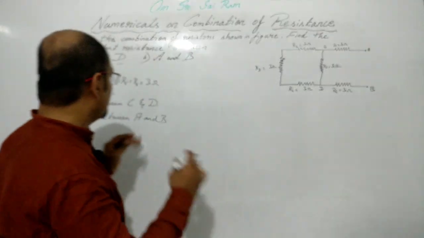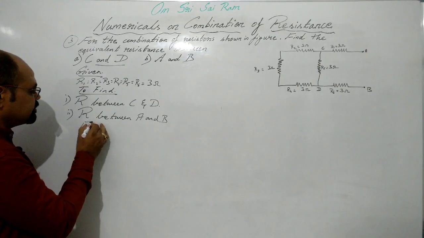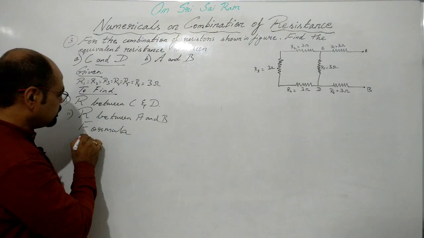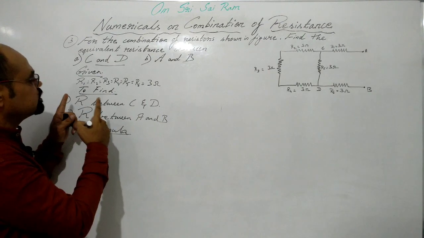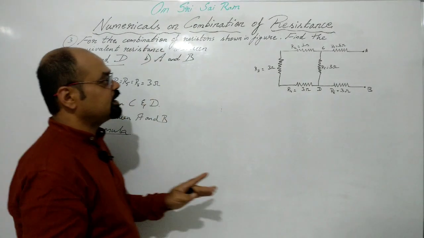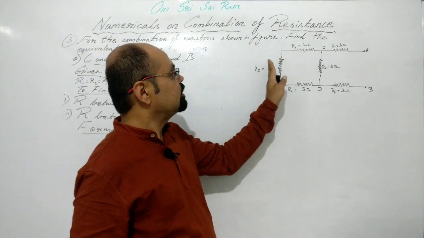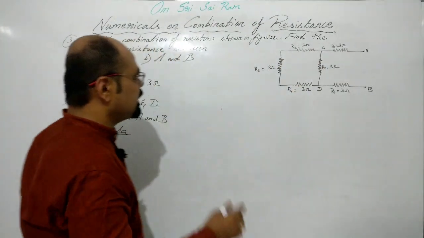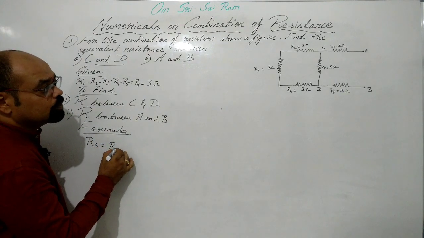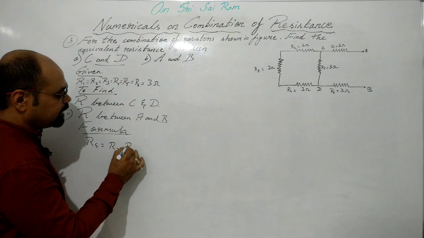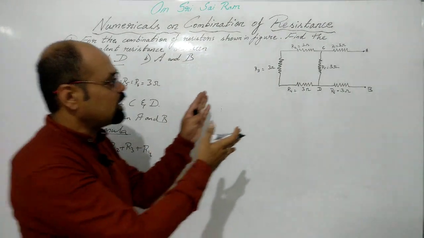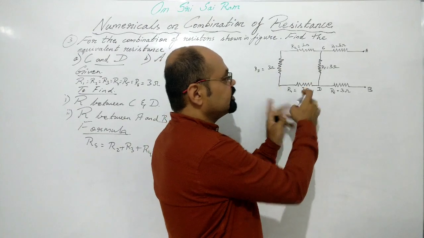Okay, now formula, let's design the formula for this. We want the first part, that is the resistance between C and D. So we can take one formula as Rs equals R2 plus R3 plus R4. This is the first formula because these three are connected in series.